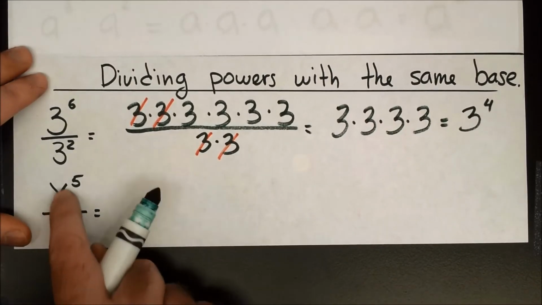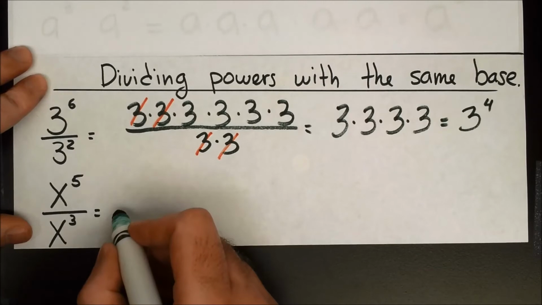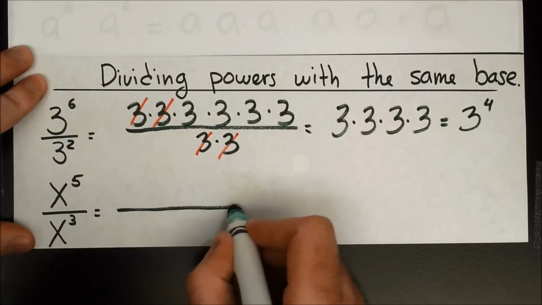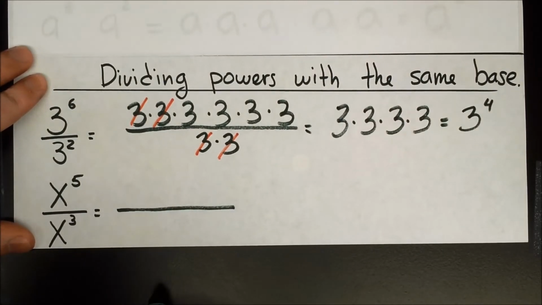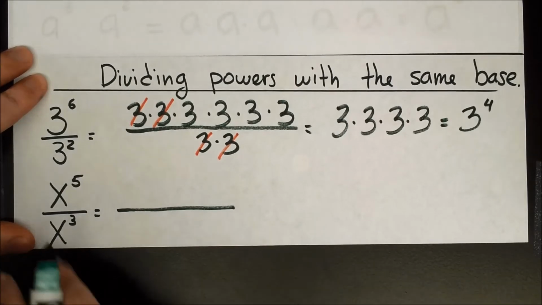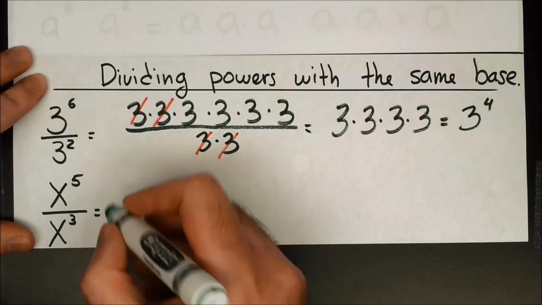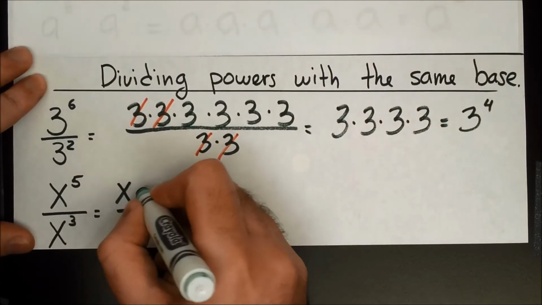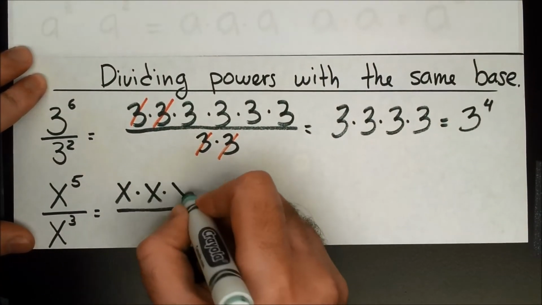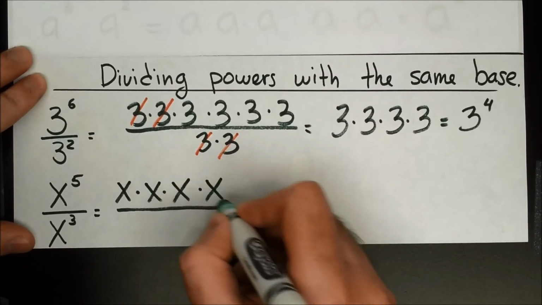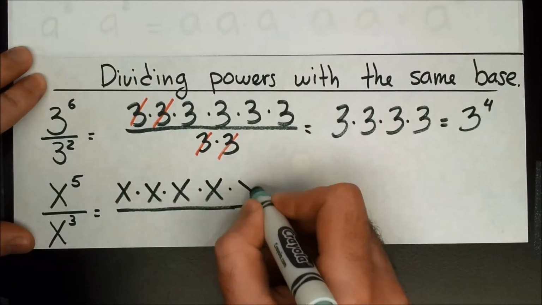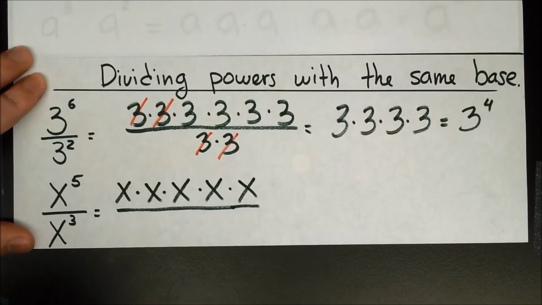So here I have x to the 5th power. So how can I write out an x to the 5th power? Someone tell me. If you said take x and multiply it against itself 5 times, you would be absolutely correct. What about x to the 3rd power?